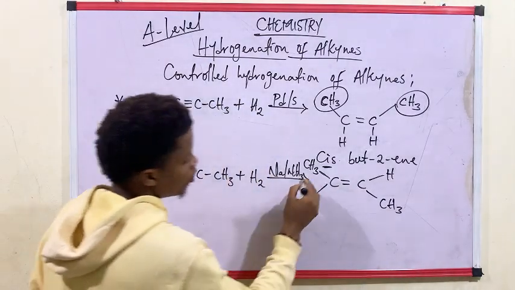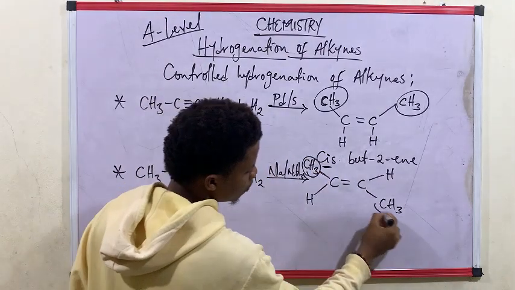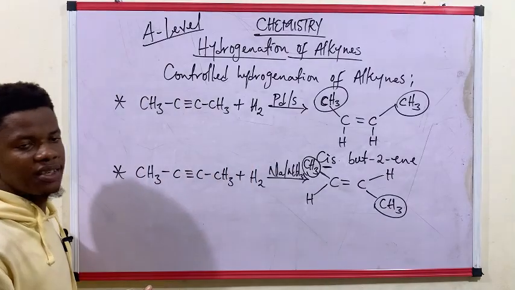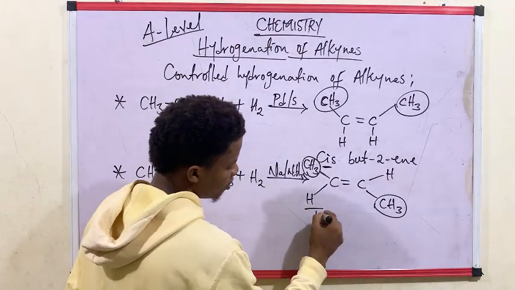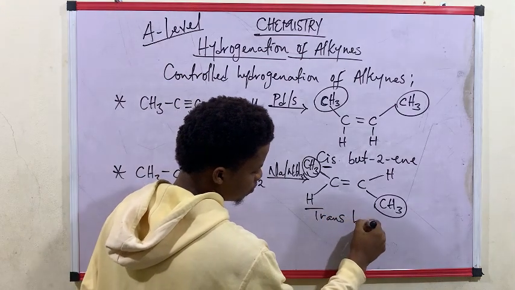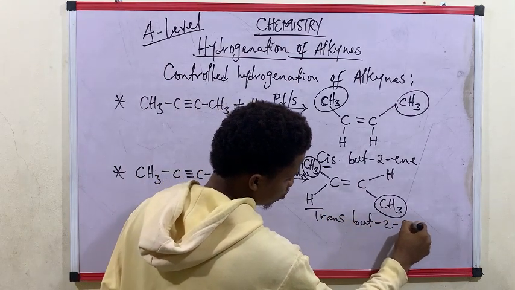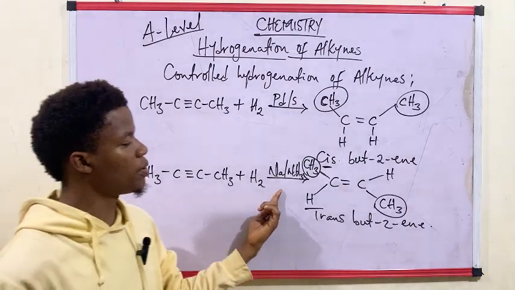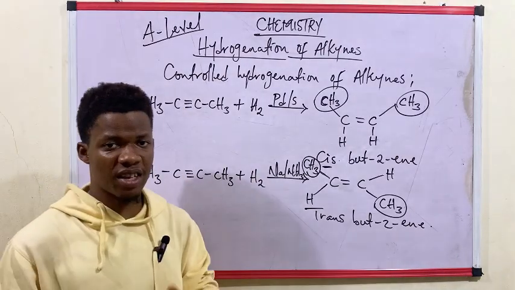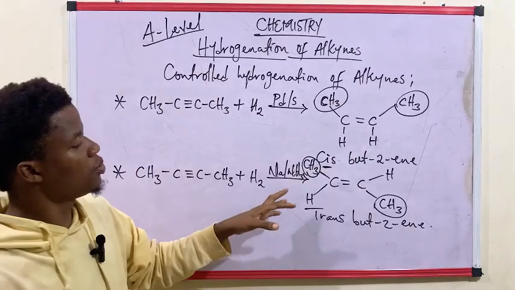So this is what we have. So remember, similar groups on different sides. This was trans. So this will now be trans-but-2-ene. So when you use sodium in liquid ammonia, what do you get? A trans alkene.